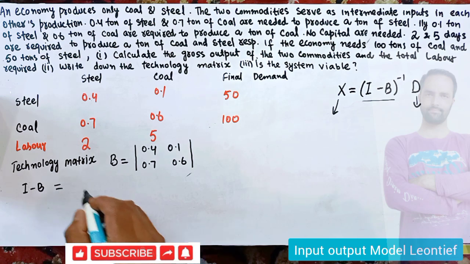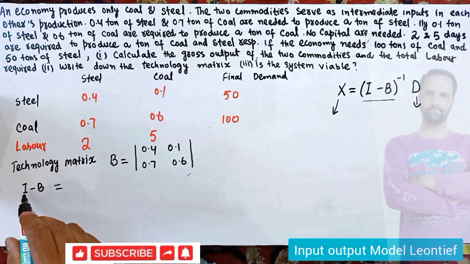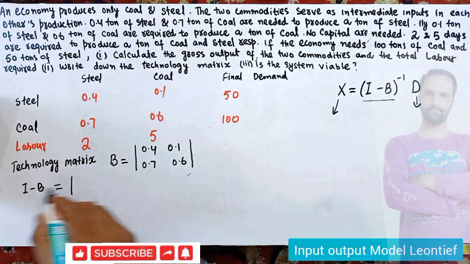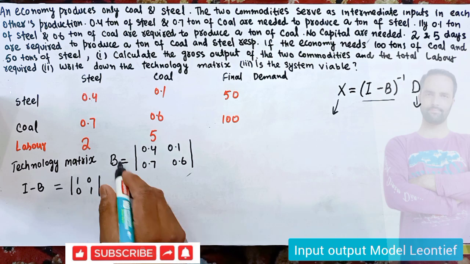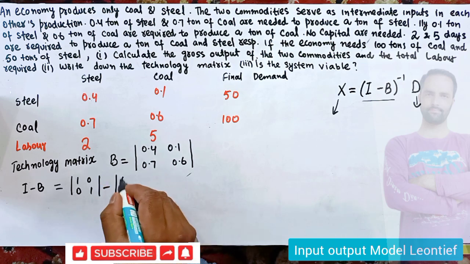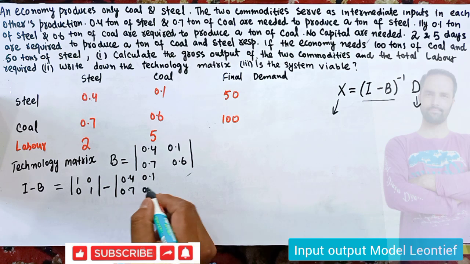That means I denotes our identity matrix, which is of order 2 cross 2. So I can be written as 1 0 0 1. To this we subtract this technology matrix, that is 0.4, 0.1, 0.7, 0.6.